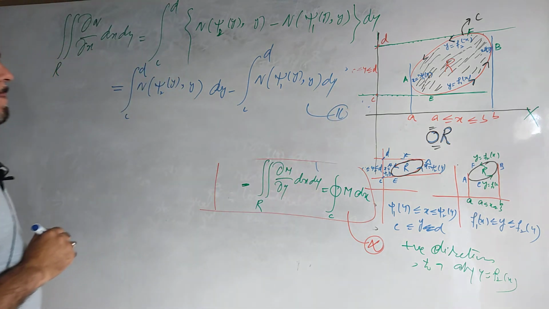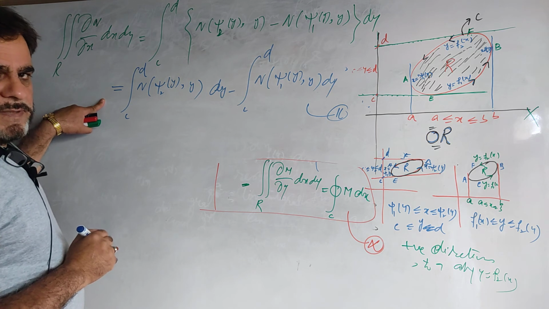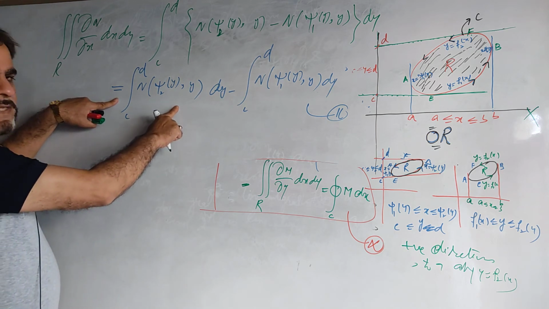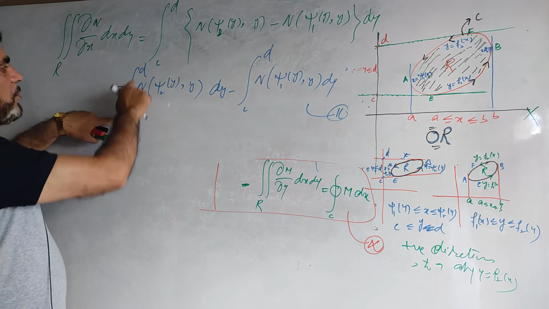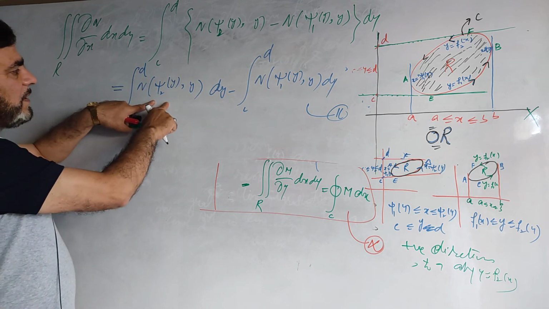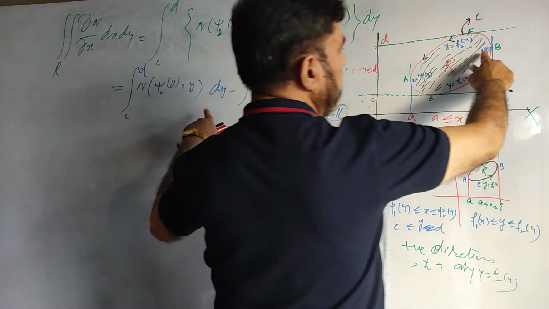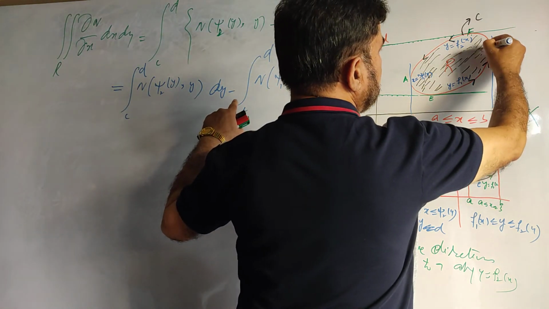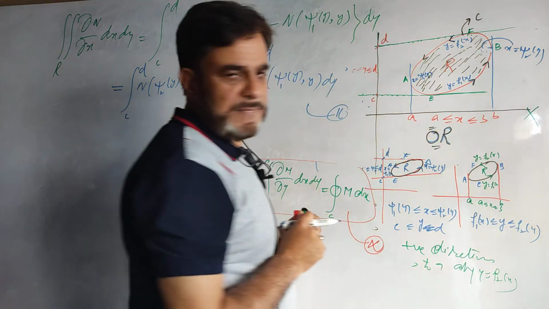Now look here at the right hand side of the second. Look, the first integral is the line integral from c to d along the curve x equal to psi 2(y). Look at psi 2(y). This part is your x equal to psi 2(y).